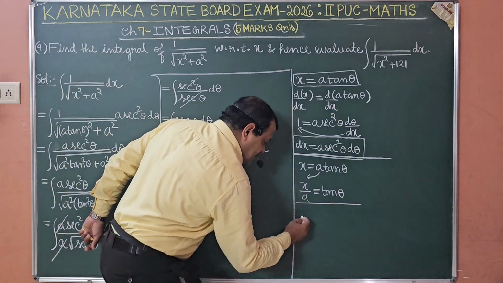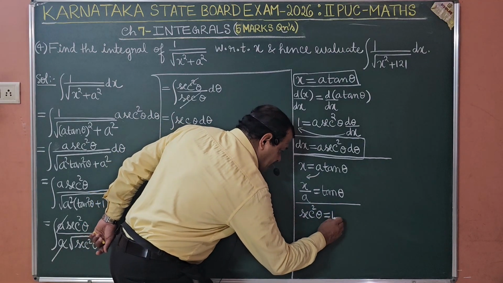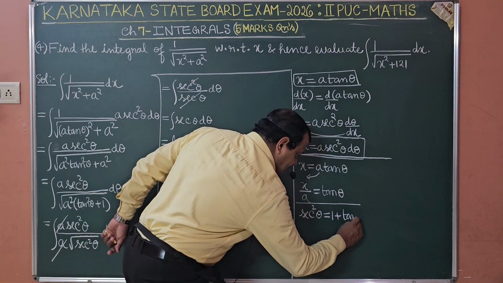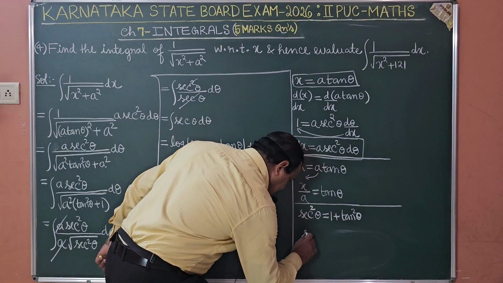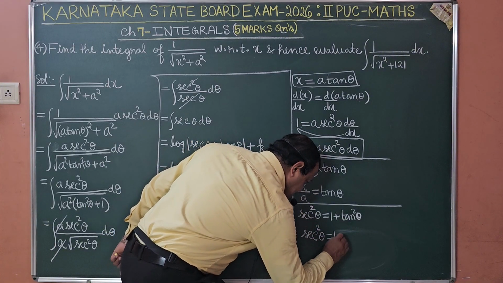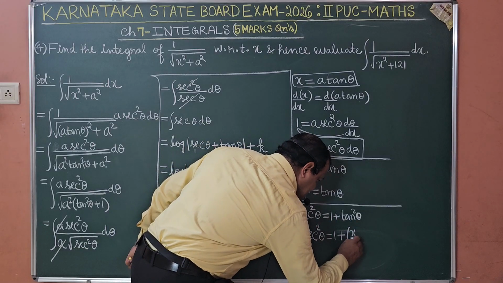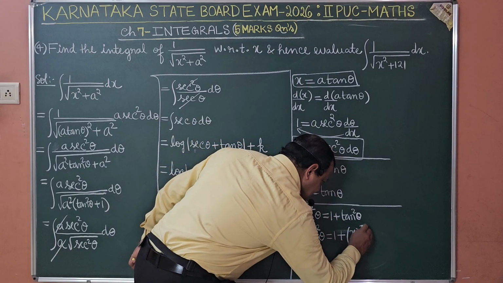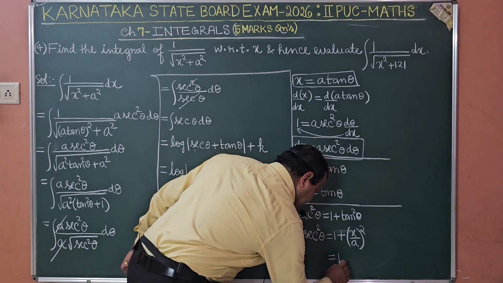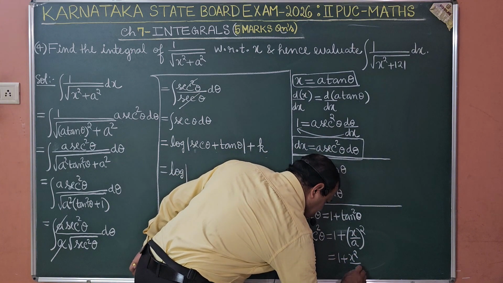All of you know this identity: secant square theta is 1 plus tan square theta. Therefore, secant square theta is equal to 1 plus, tan theta being x by a, its whole square. Therefore, it is 1 plus x square by a square.